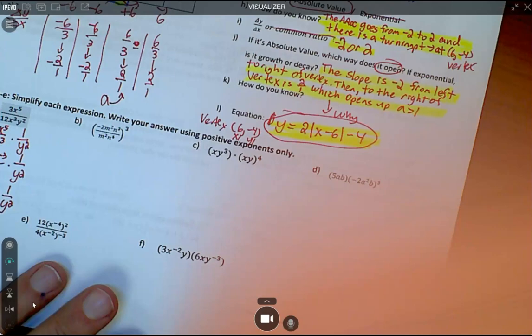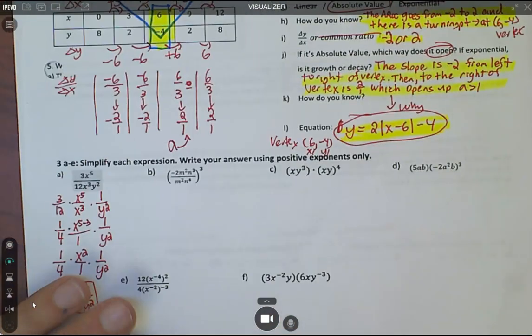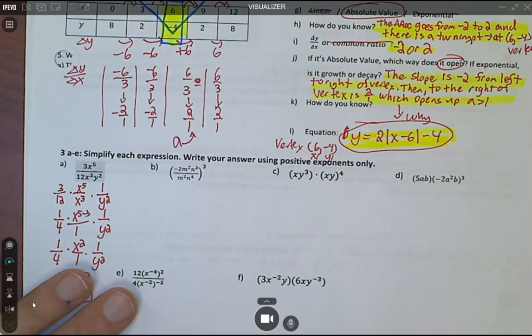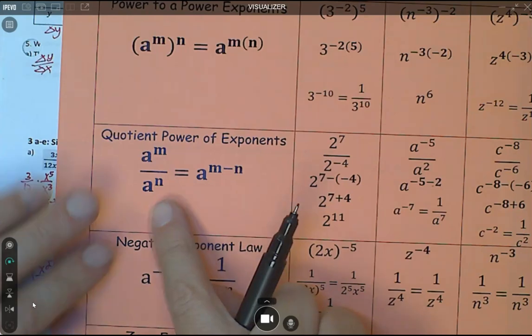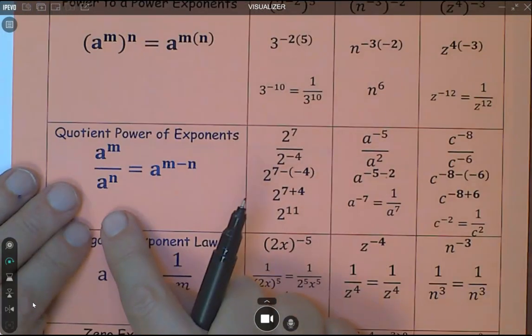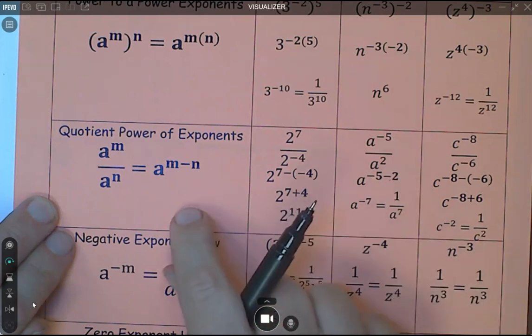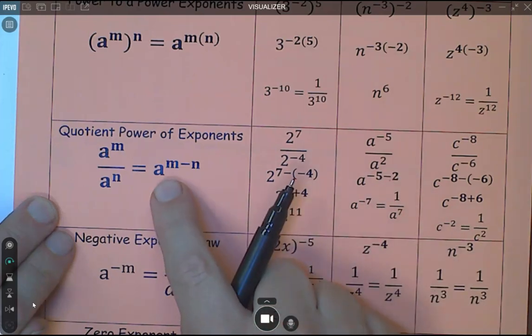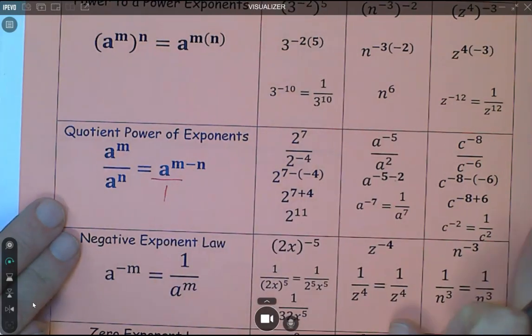So let's look at this. Wait, I changed my mind. Okay, we're going to use the quotient property. So I simplify the inside first just to make it easier. So we're going to use the quotient power. And all of it's really technically happening over 1 up in the numerator.